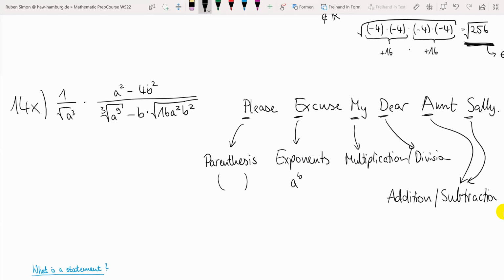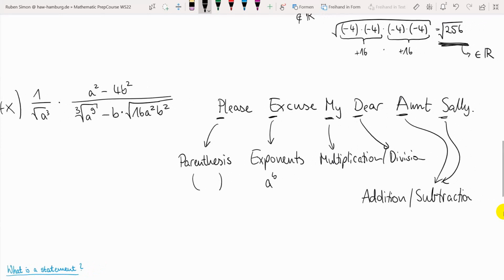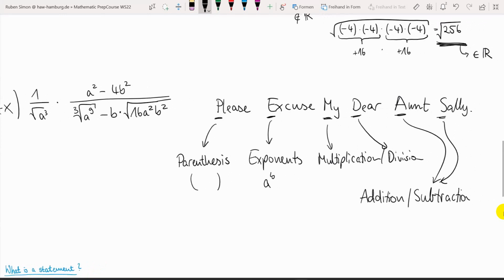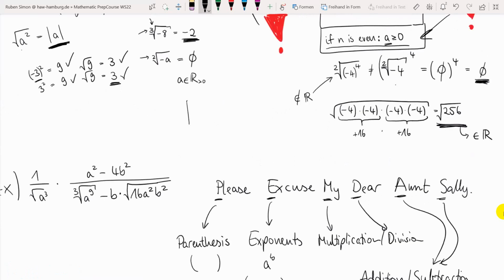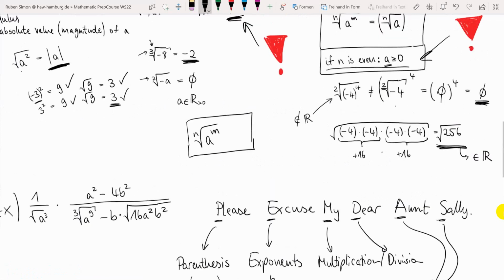This is another very important rule we should note down on our note sheet, which I will again upload after today's session. So if you have any root with root exponent n and a to the power of m, this could not only be written in this way. Actually, this is an extension of the rule we already set up here.